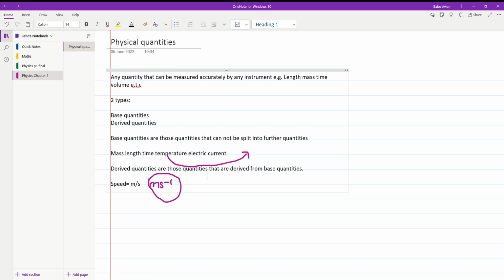If you need to go from degree Celsius to Kelvin, simply add 273 to the degree Celsius value. What do I mean by this?